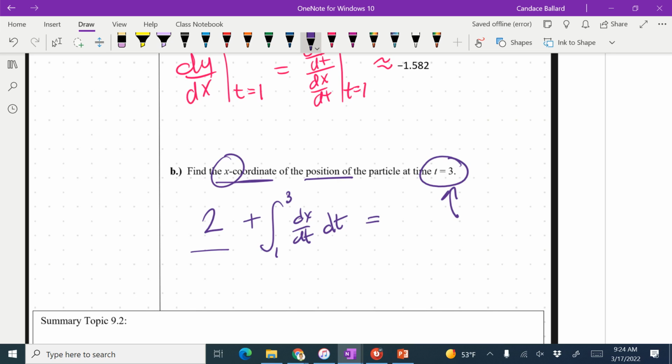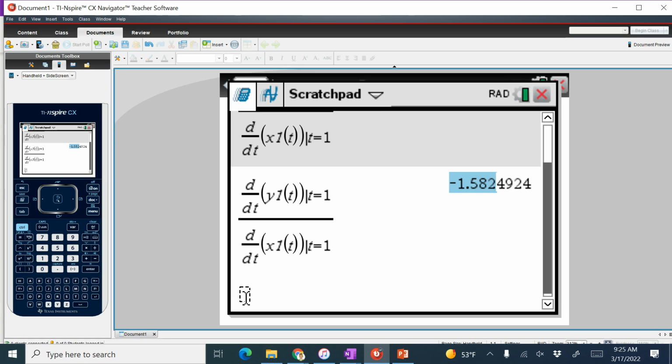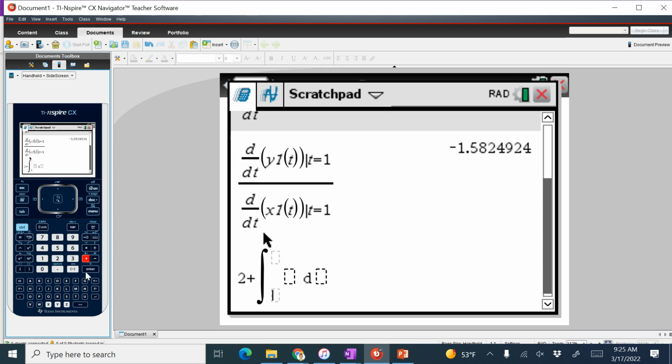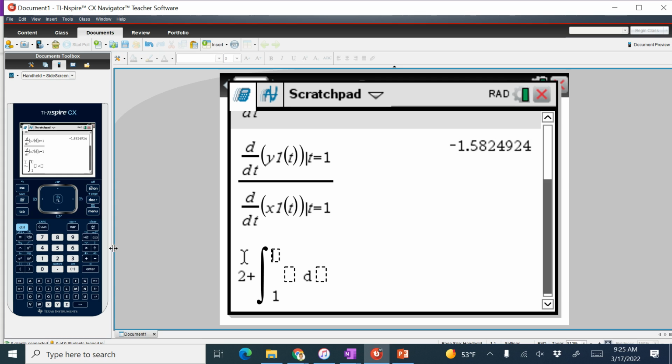All right, at this point, it's calculator work. Okay, so let's work on putting that in our calculator. We could just be using the same function that we know that it's in x sub 1. Okay, I'm going to go 2 plus. All right, how do we get an integral in there? Yep, shift plus. We can't forget that, right? We're getting too close to the test. We need to have that down. 1 to 3.